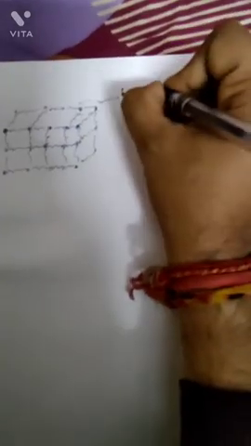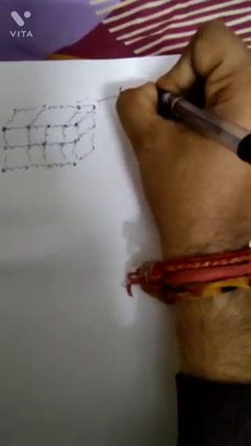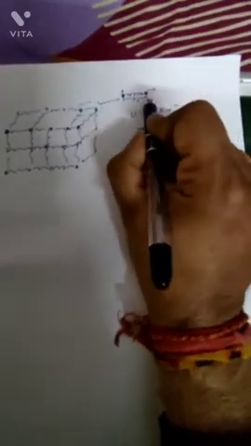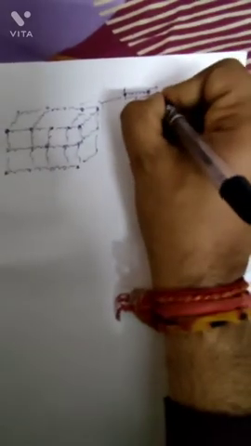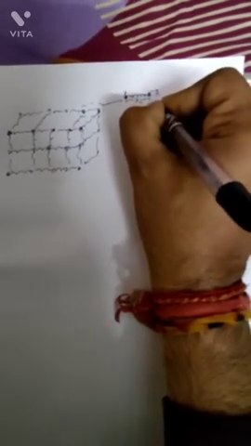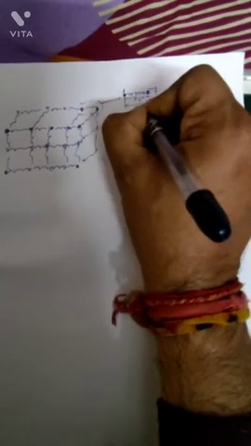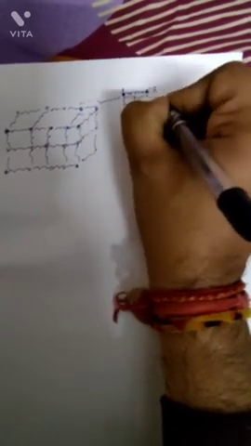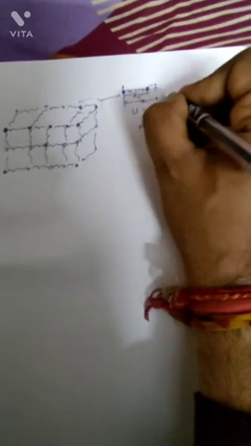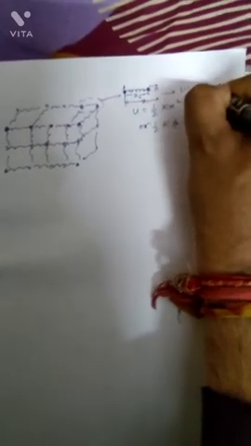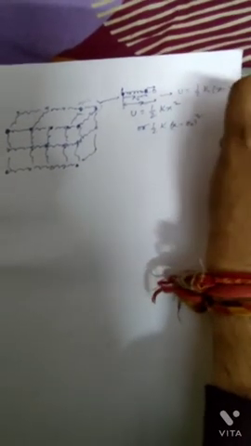But suppose we stretch this atom from here to here, to a distance say x. Then the potential energy becomes half k (x minus x naught) square.